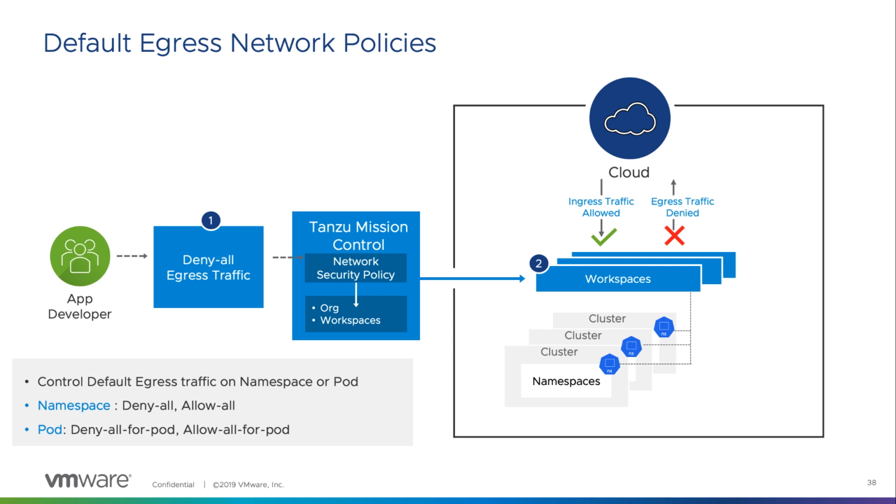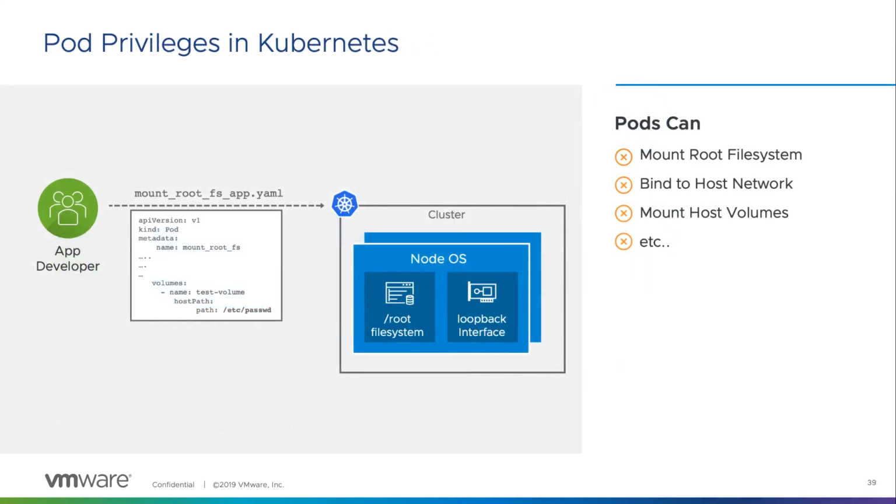So the developers have access over applying these policies to their workspace if they have the workspace admin privilege. So they have complete control over their workspaces, and then obviously their namespaces as part of that workspace as well. So on the roadmap, we're also looking at pod security policies being enforced via TMC as well.